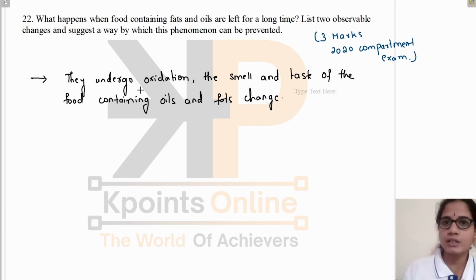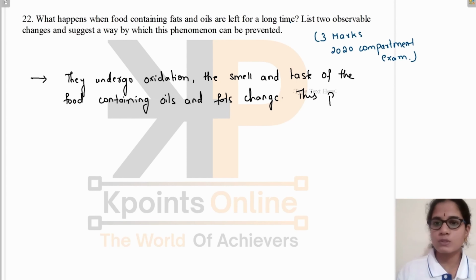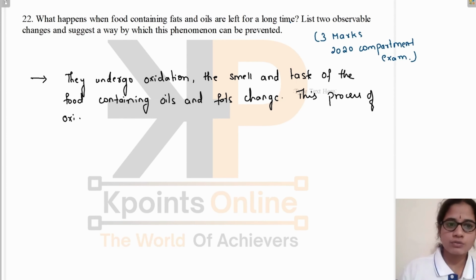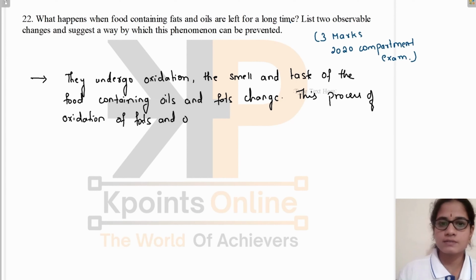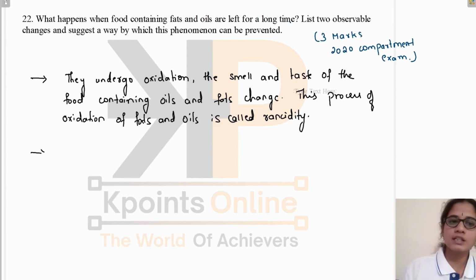That is, they have become rancid. This process of oxidation of fats and oils is called rancidity. Again, they have asked to suggest a way by which this phenomenon can be prevented.